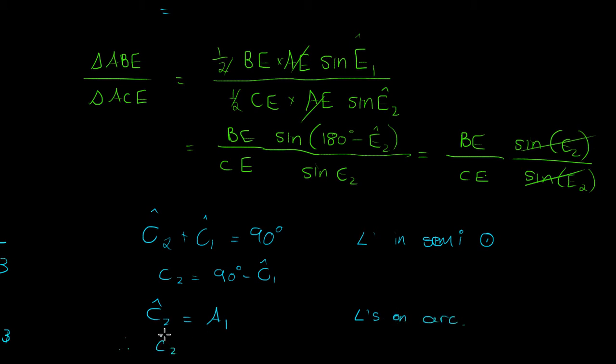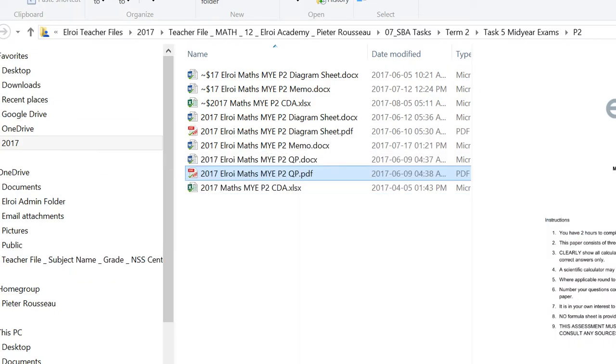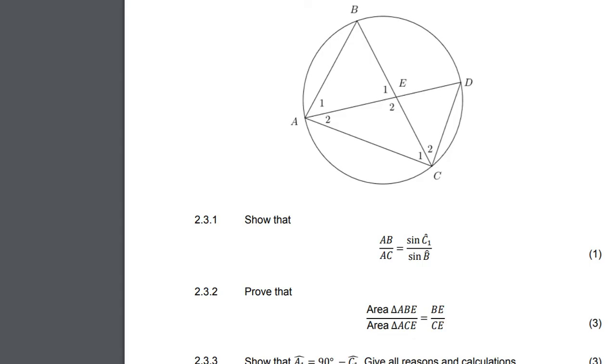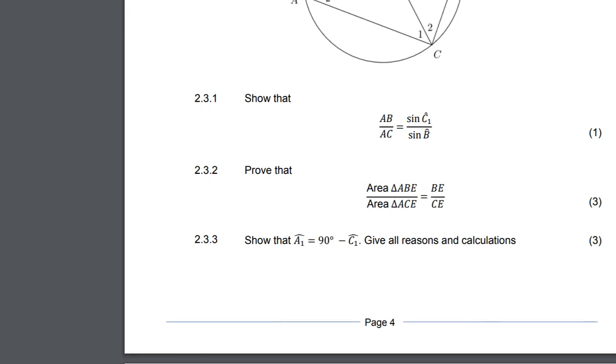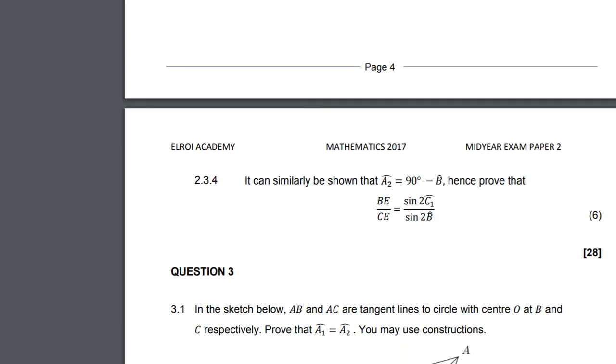Therefore, angle A1 is equal to 90 degrees minus C1. So again, nothing to write home about, nothing at all difficult about that question. It was simply a straightforward answer.